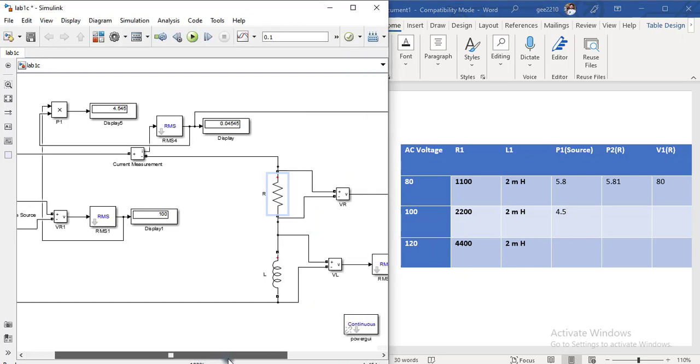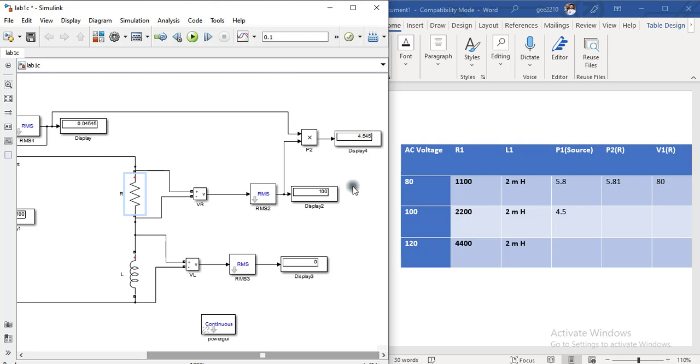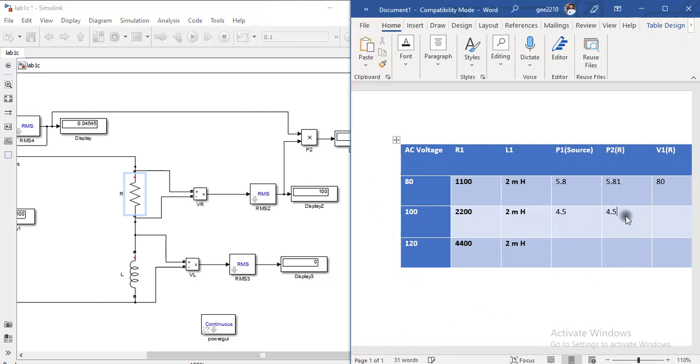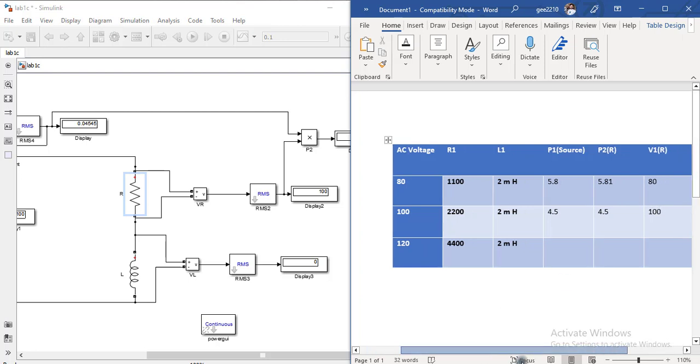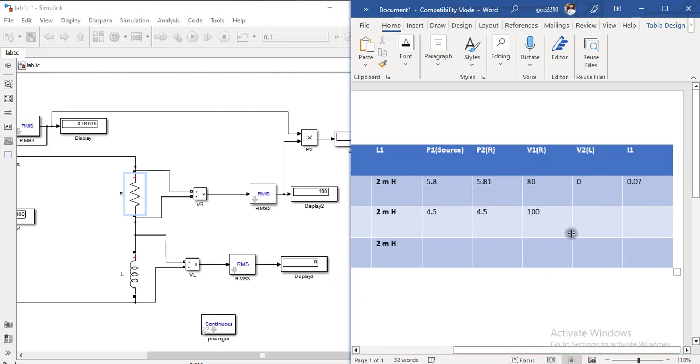Also, what is the power across the resistor? This is 4.5 watts. What is the voltage across the resistor? It is 100. Voltage across the inductor is again 0, current is 0.04.